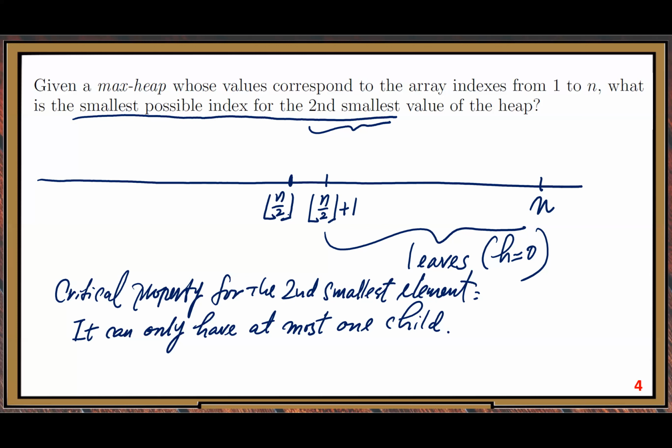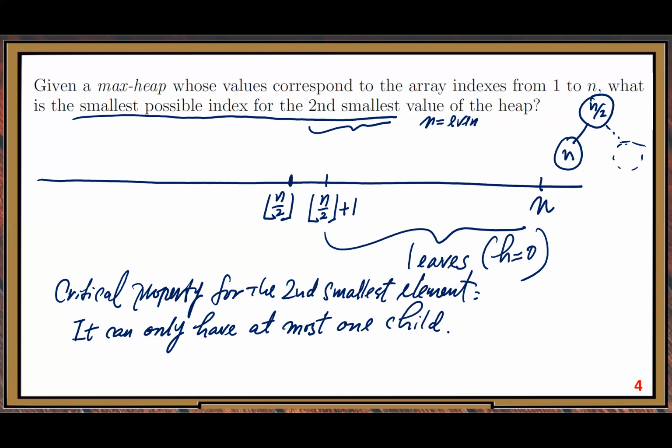So the answer when n is even: consider n over 2, but there is no position to the right because it is out of bound. When n is even, we only have one child here, but no n plus 1 there, so that is okay.